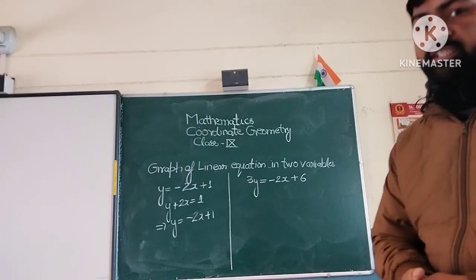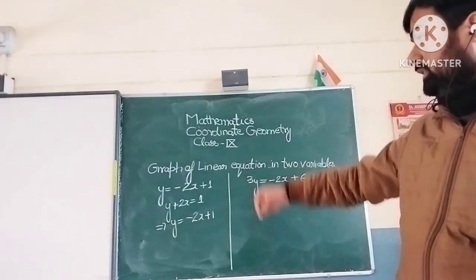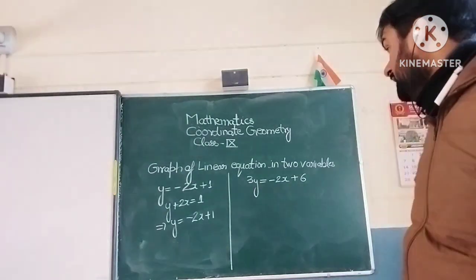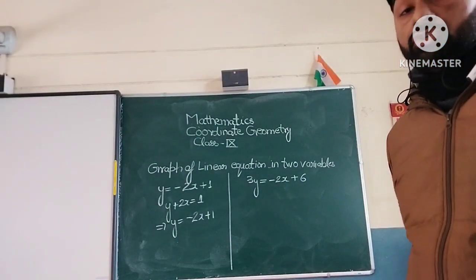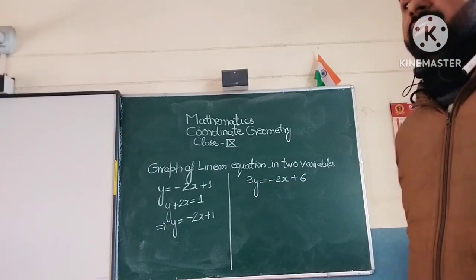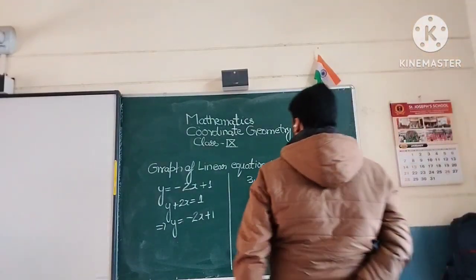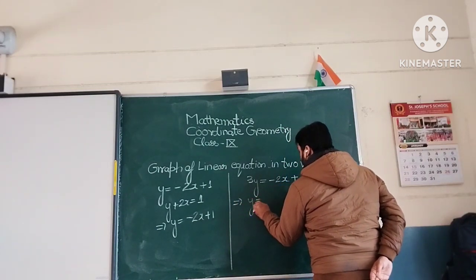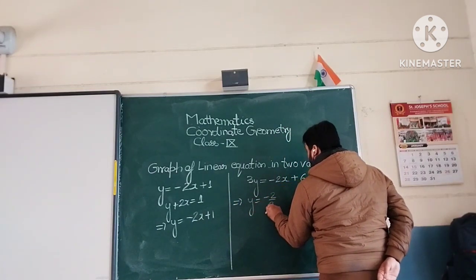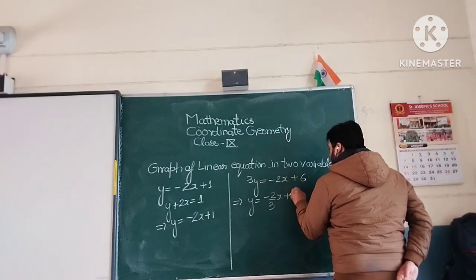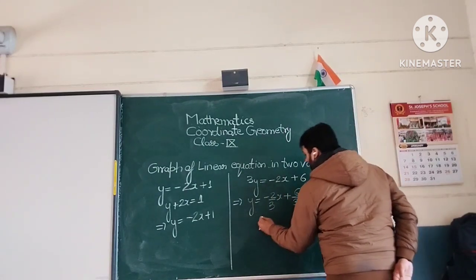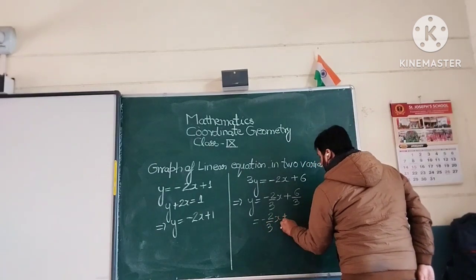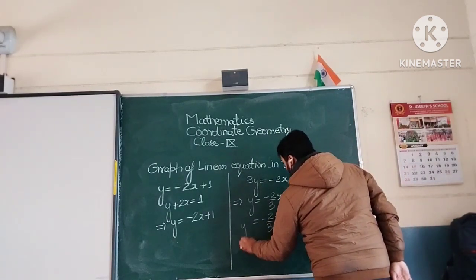But in all these cases, children, like in this first one you see, there should be no constant attached. The constant attached here is 3. So we'll ensure that y is just standing alone. What will we do? We transpose this 3 here. So y is equal to minus 2 by 3 x plus 6 by 3. That is minus 2 by 3 x plus 2.